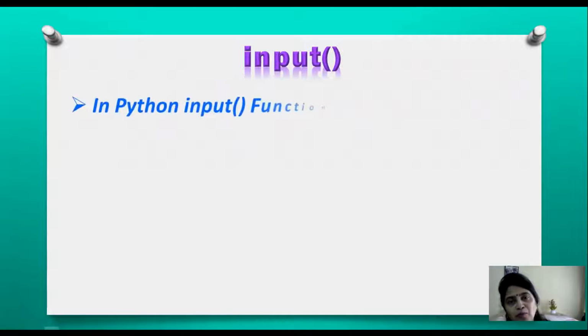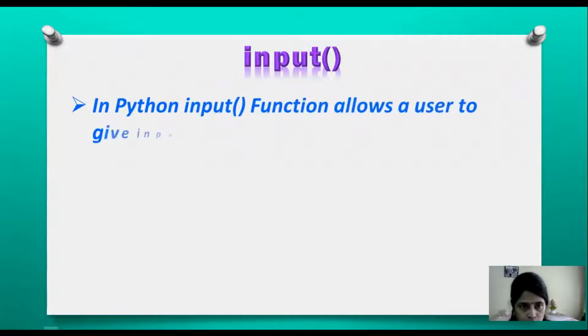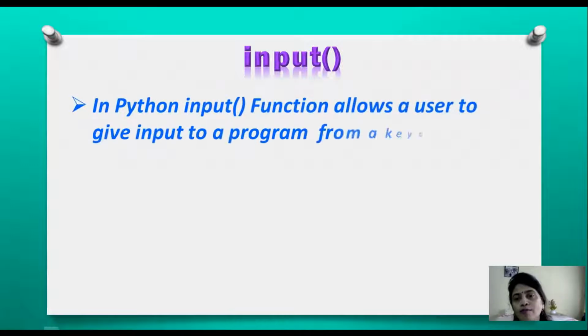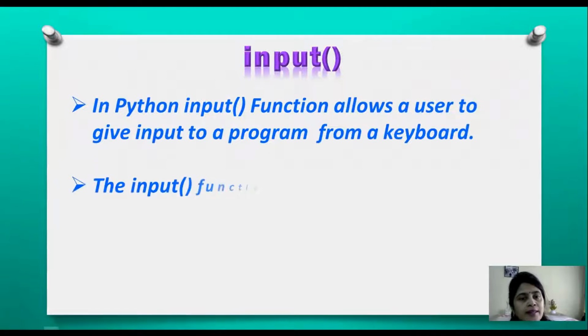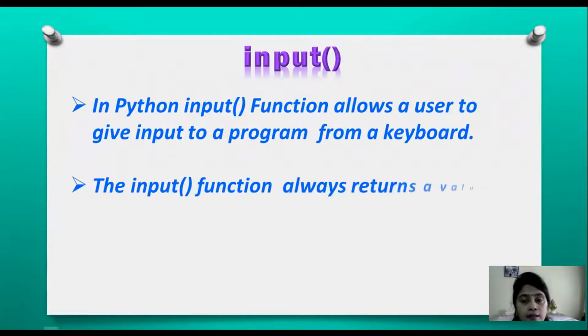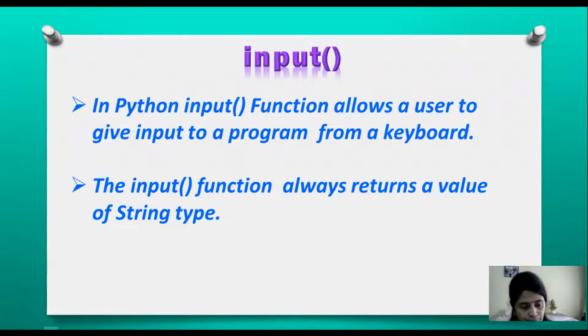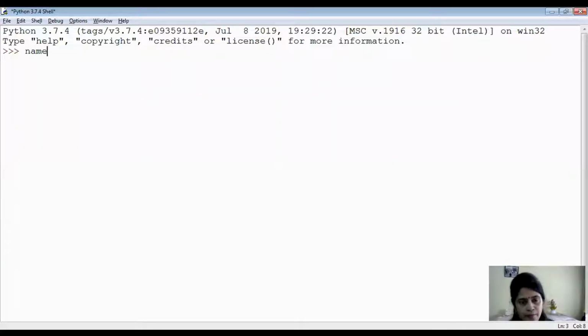In Python, the input function allows a user to give input to a program from a keyboard. The input function always returns a value of string type. Now we'll see how. Say for example, we are entering the name in a name variable by using the input function.